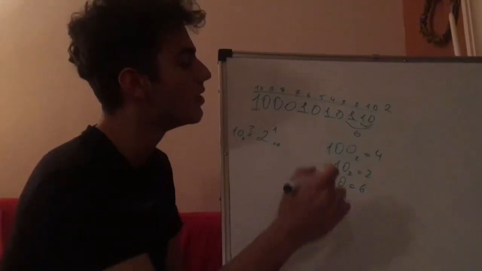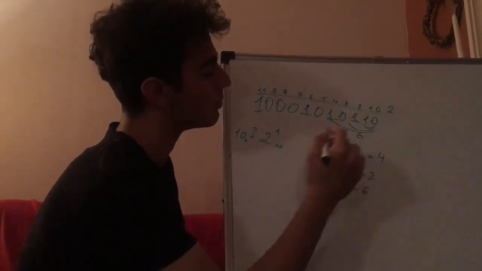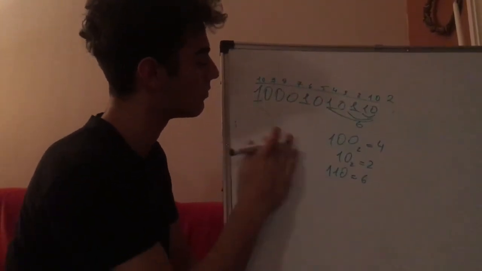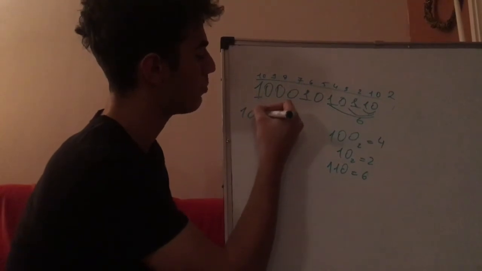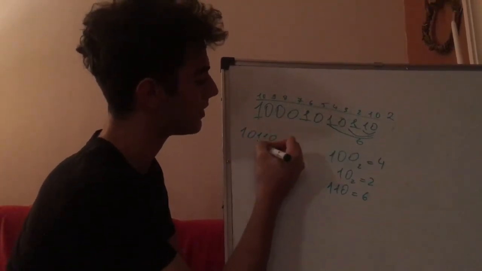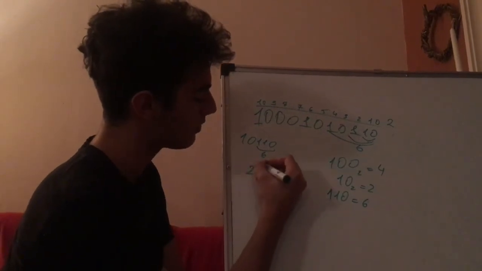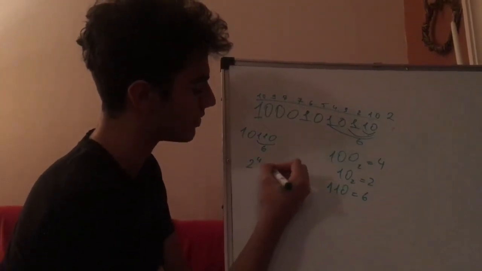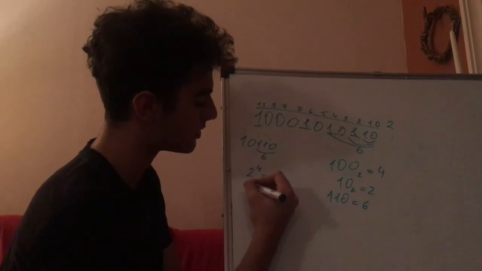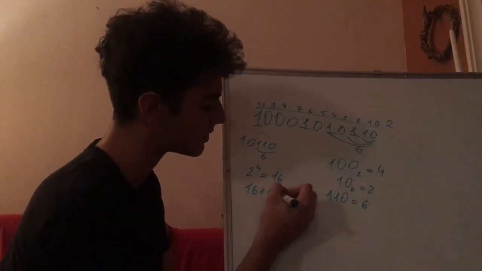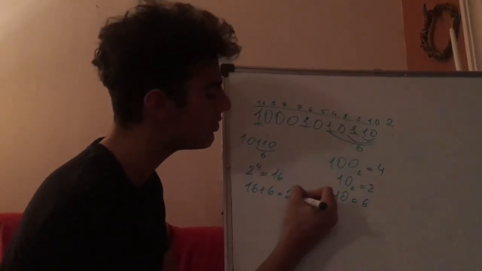So what does this number equal to? So we go 1, 0, 1, 1, 0. We already know that this is 6, and we know that this is 2 power to 4. So this is 16. So this is 16 plus 6, which means 22.